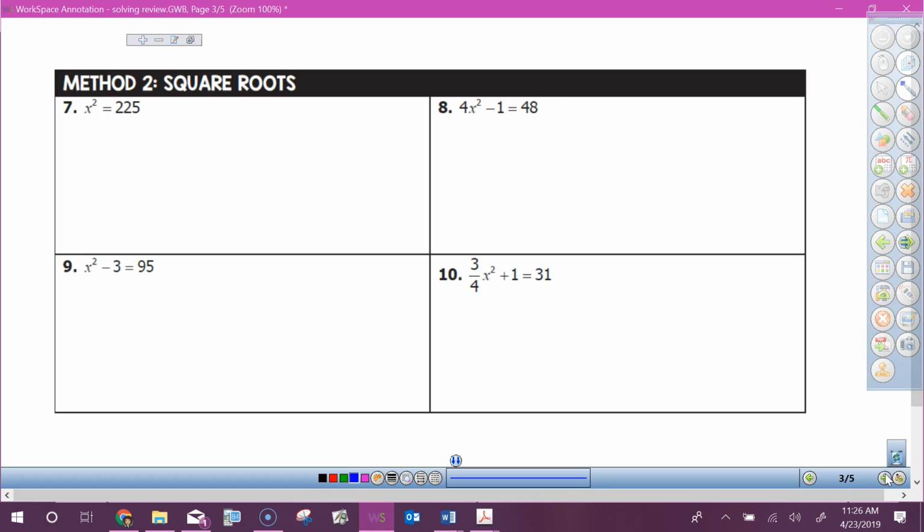So number 1 or number 7 is x squared all by itself. Yep. So then what do? The square root of both sides. Yeah. So square root and square root. X equals 15, but be careful, what else squared gives me 225? Negative 15. So x equals 15, x equals negative 15.